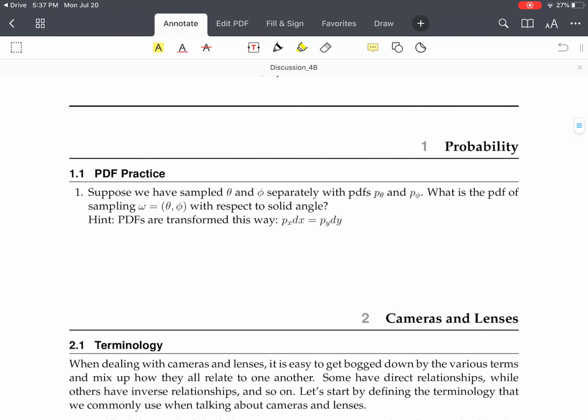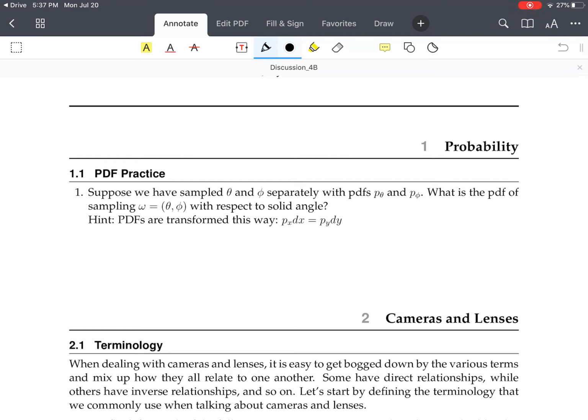Okay, so before we get into cameras, the first question has just a little bit of probability practice, working with some PDFs. Suppose we've sampled theta and phi separately with PDFs p theta and p phi. What is the PDF of sampling omega is equal to theta phi with respect to solid angle?